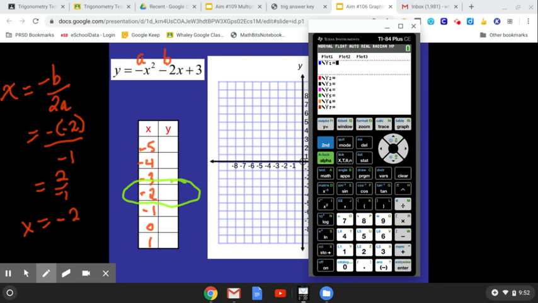Now the equation is negative x squared minus 2x plus 3. Okay, now I could look at what a graph of it looks like just so I get an idea. Okay, but really what I want to do is go to the table, second table. And I want to go from negative 5 to 1. Now, mine is already sort of set up that way, if you can see that.